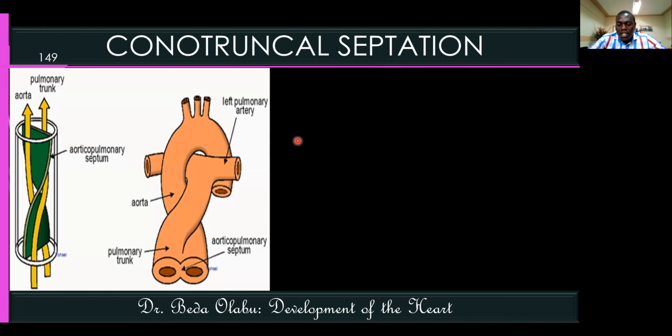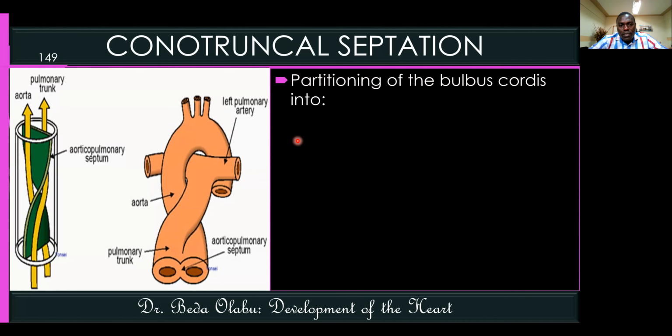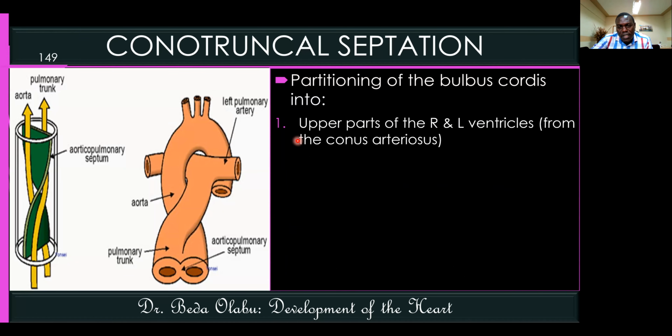The third, or rather the fourth type of septation is what we call the conotruncal septation. This is basically the splitting of the bulbus cordis. But remember, the bulbus cordis had two components: the truncus arteriosus component as well as the conus arteriosus component. The lower part of the bulbus cordis is what we call the conus arteriosus.